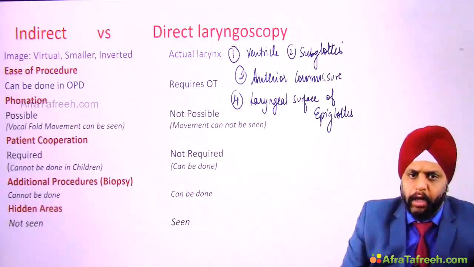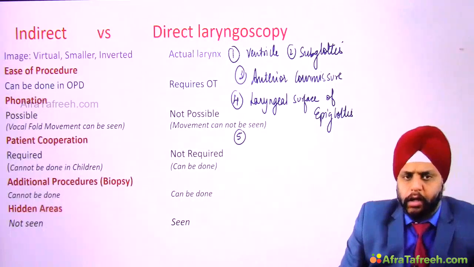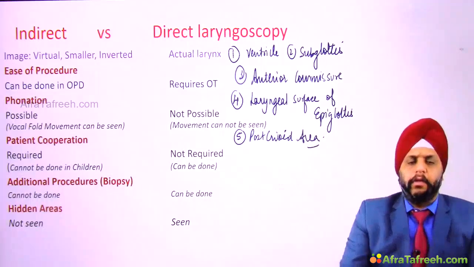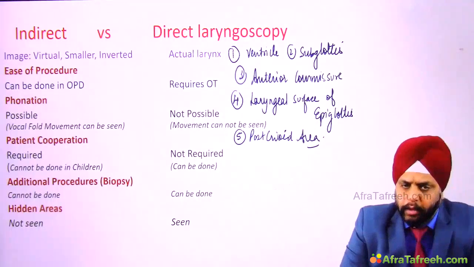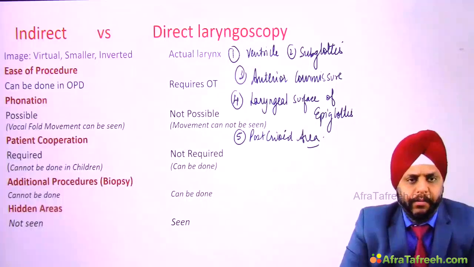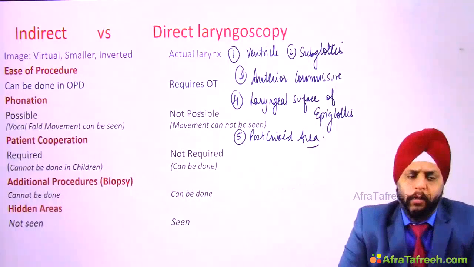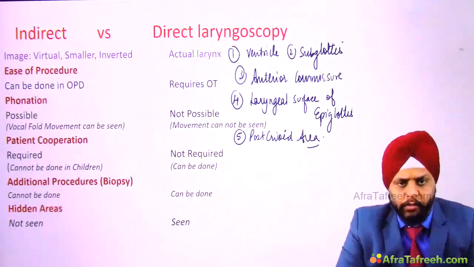Okay, and number five, what we cannot see in indirect laryngoscopy is the post-cricoid area. All these can be easily seen in direct laryngoscopy. Right? So all these can be easily seen there. Right? So this is the advantage of direct laryngoscopy over indirect laryngoscopy.